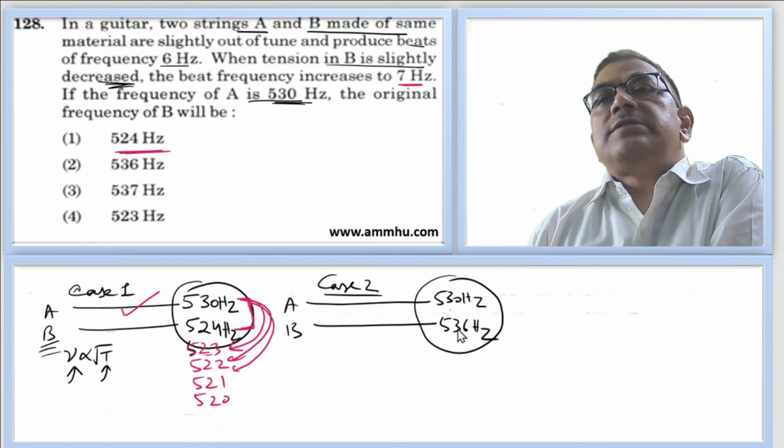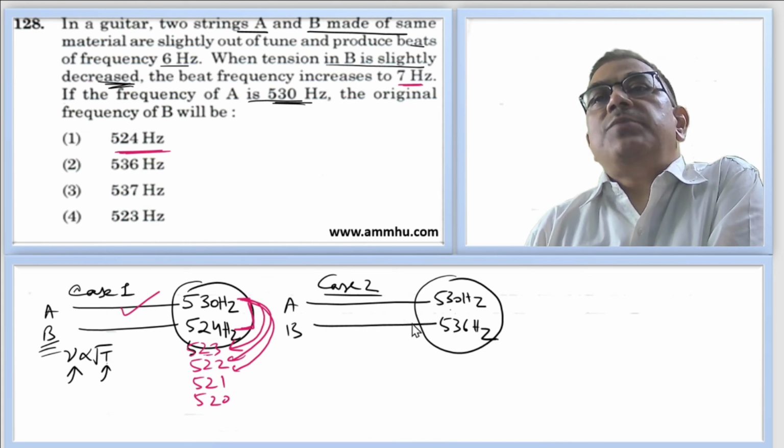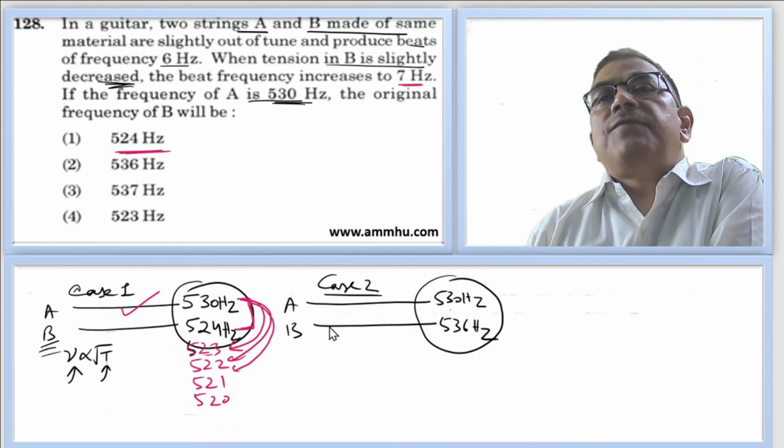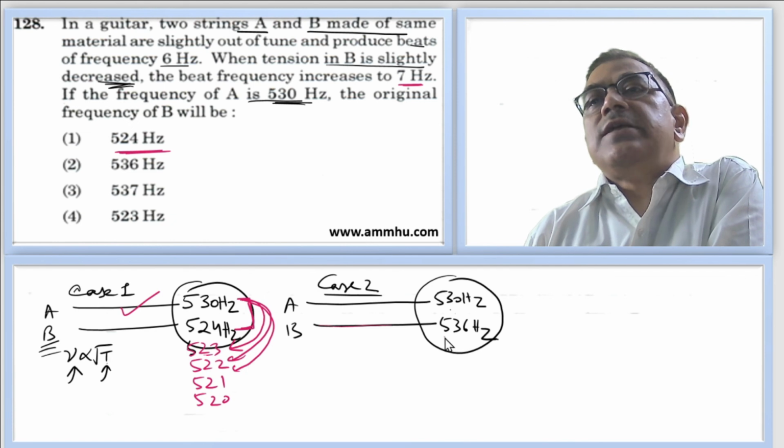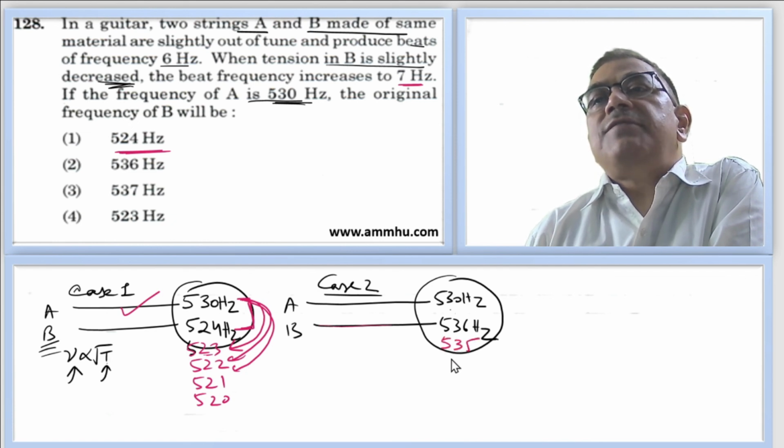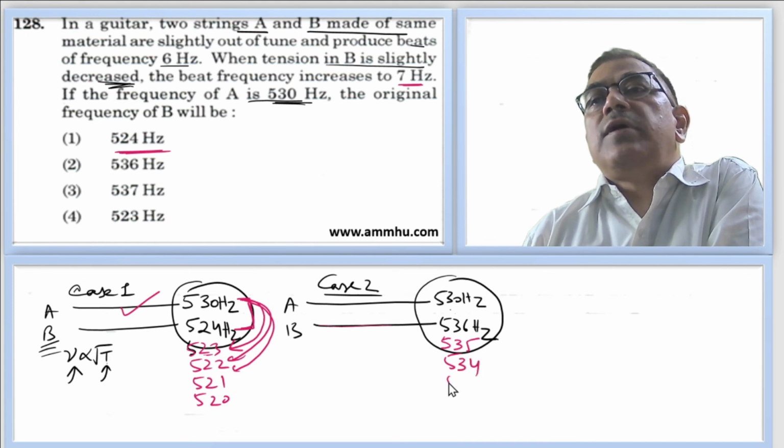Now in this case, the frequency of string B is 536 and the beat frequency is 6 hertz. If the tension of string B is decreased, its frequency should decrease. So the possible values could be 535, 534, 533 and so on.